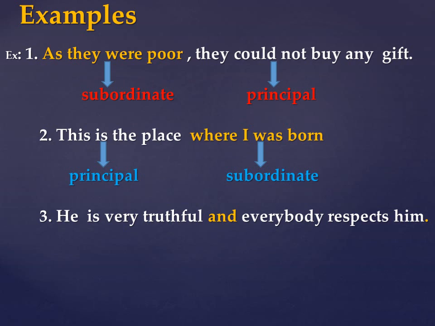It is also complete. So both the clauses are principal clauses. That means a sentence may have subordinate and principal clauses together, and all the clauses may be principal clauses, but a sentence cannot be formed only by subordinate clauses. This is very important to know.